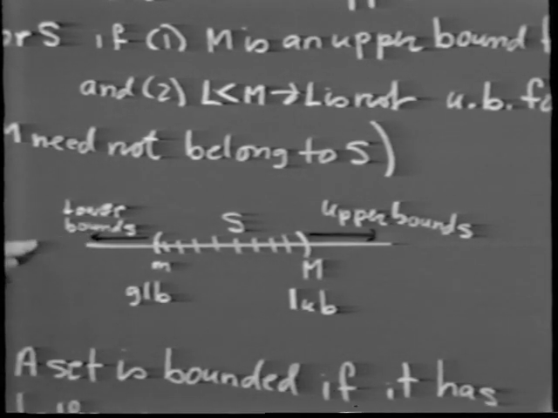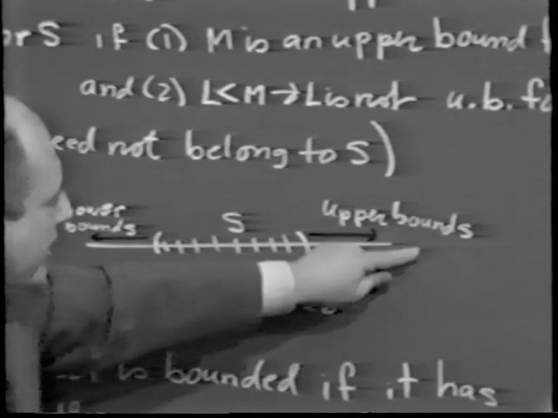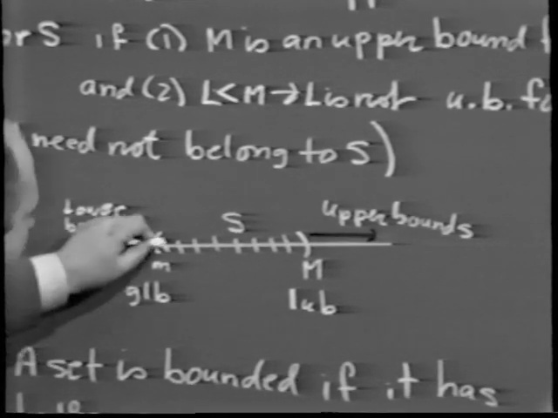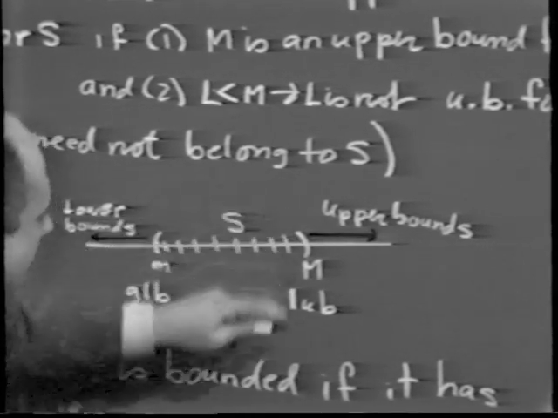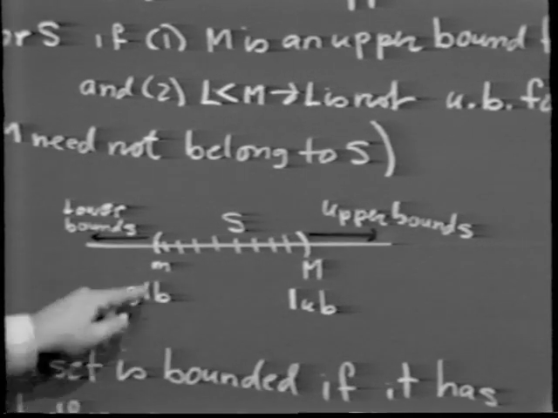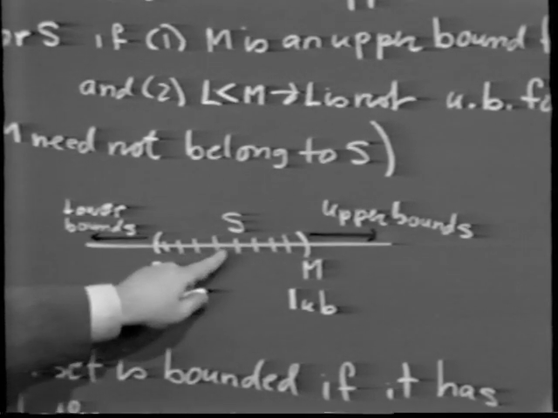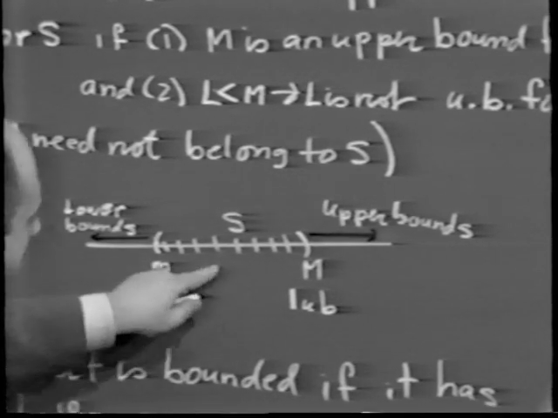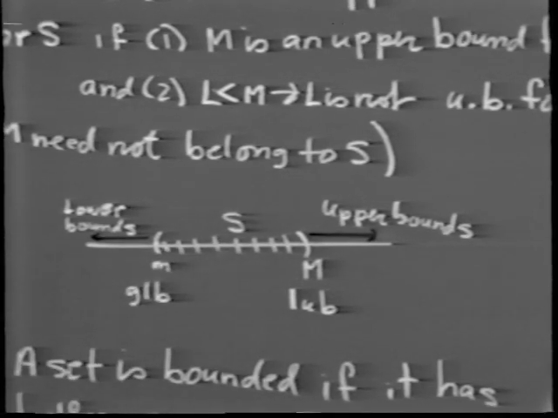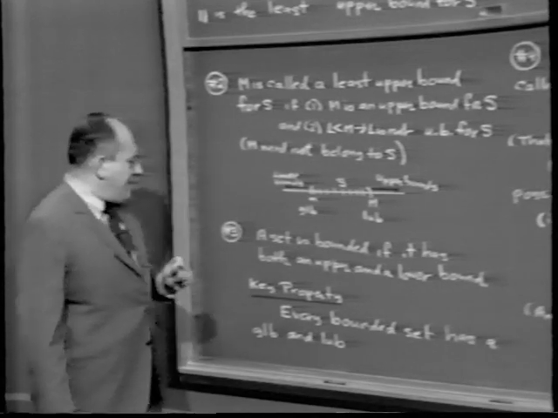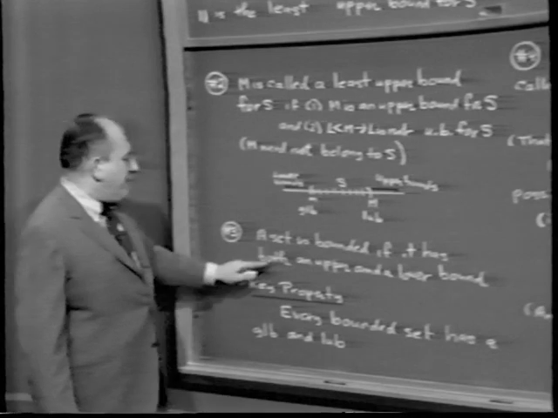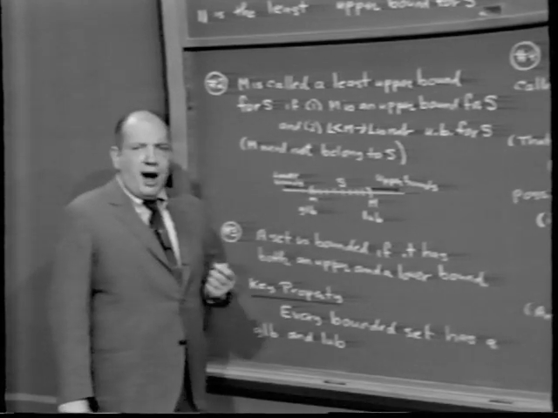Anything smaller than little m will be a lower bound. Anything greater than capital M will be an upper bound. And notice that nothing in the set S itself can be either an upper bound or a lower bound, because anything inside S appears to the left of little m, to the right of little m, and to the left of capital M. And one final definition as a preliminary: a set S is called bounded if it has both an upper and a lower bound.